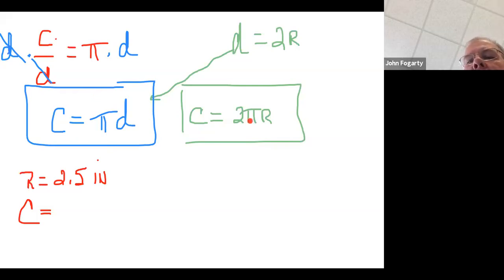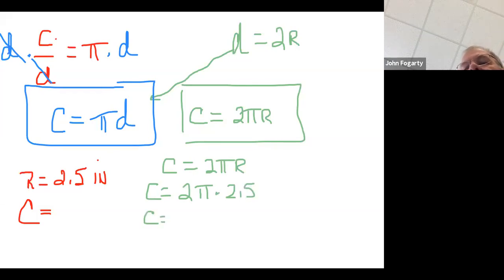Ready? So all we're going to do is write down the formula. Circumference is equal to 2 pi r. So the circumference is equal to 2 times pi times 2.5. If you're multiplying 3 numbers together, it doesn't matter which 2 you do first.